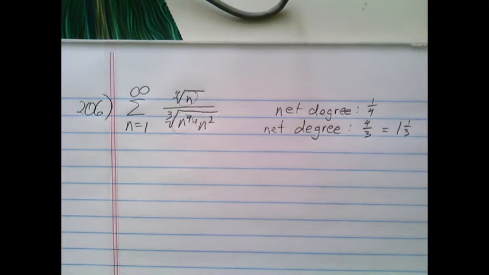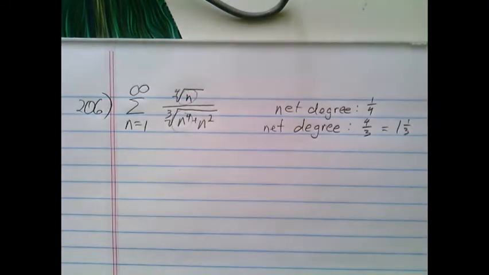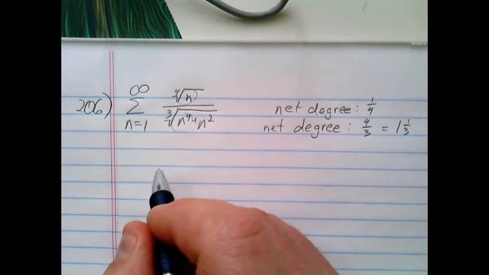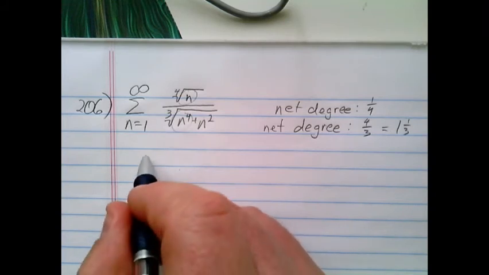Since I believe that this series is convergent, I want to show that its nth term is less than the nth term of a convergent p-series. So I'm going to do something to change it, to simplify it, that makes it bigger, to try to get it to be a p-series. Okay, for sake of comparison.